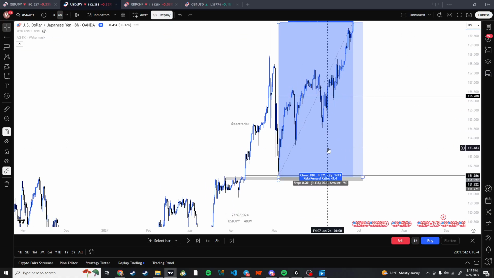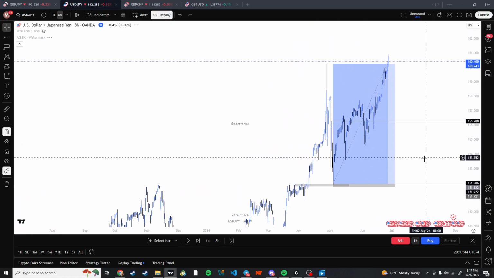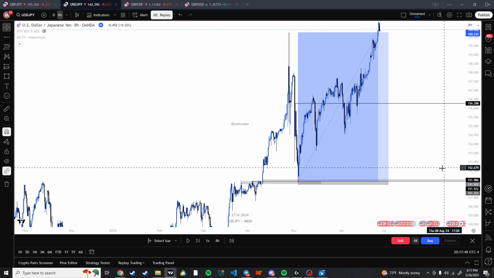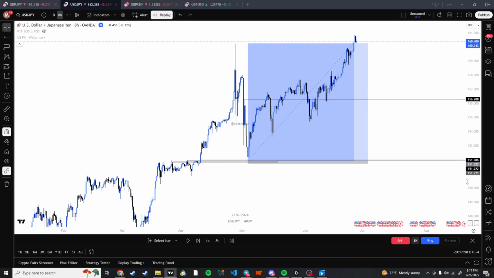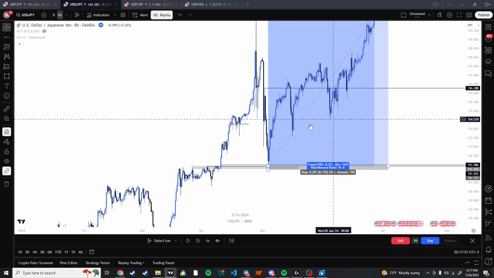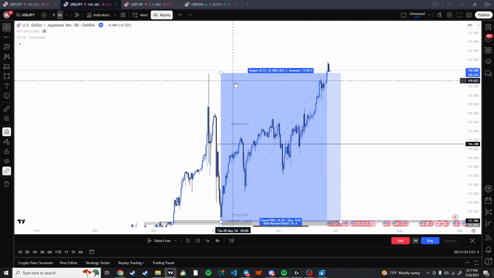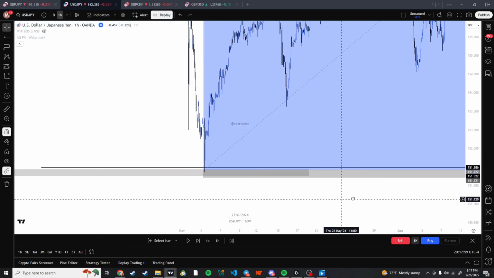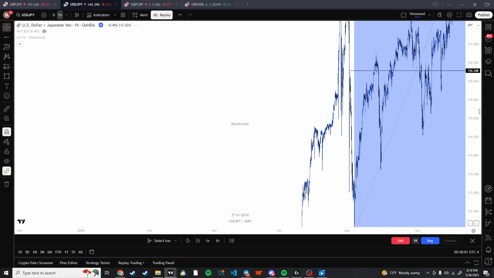And there you have it. 41 RR. This is why I say patience pays. Everyone's fighting for a point, 1 RR, 2 RR, and it's never guaranteed. Look at this trade.